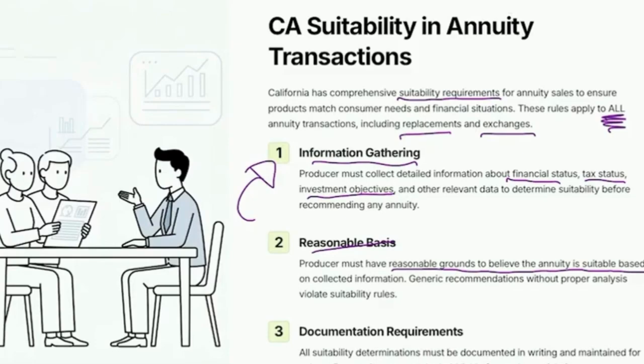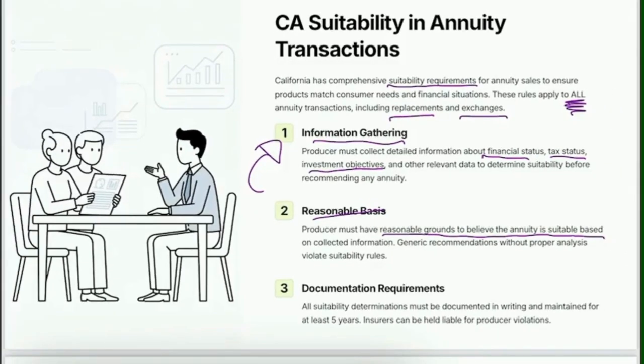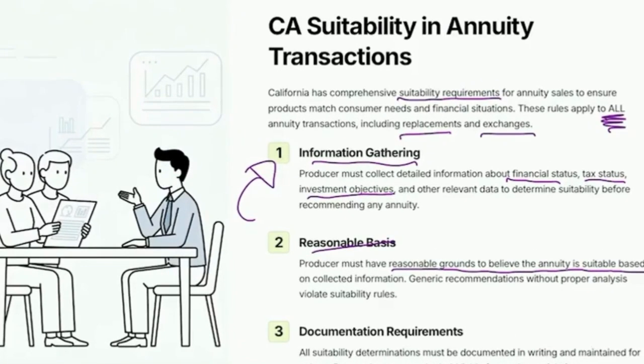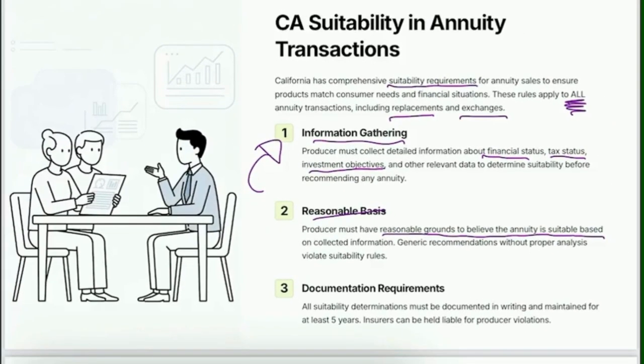If somebody's very, very conservative, they don't want a lot of risk, you're not going to put them in something that's maybe variable or higher risk. It has to be reasonable for what is suitable for them.